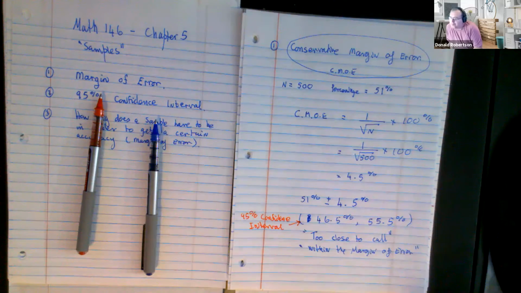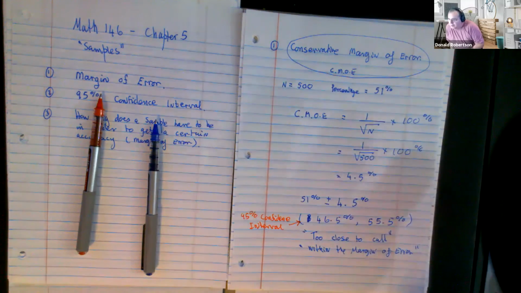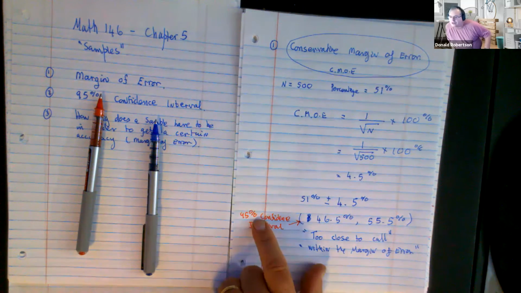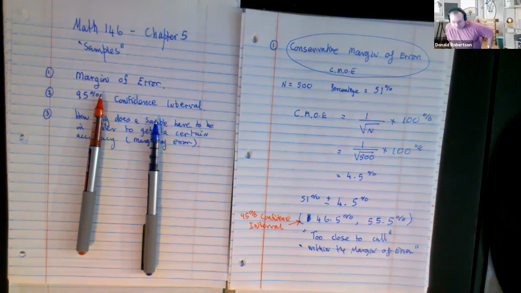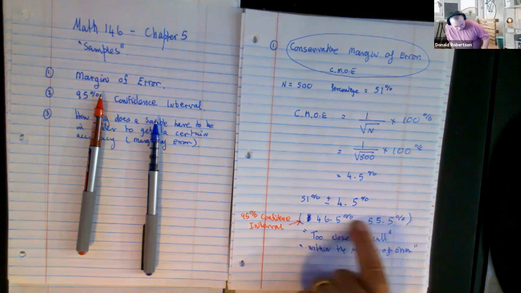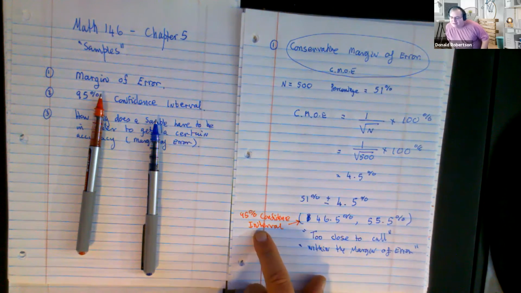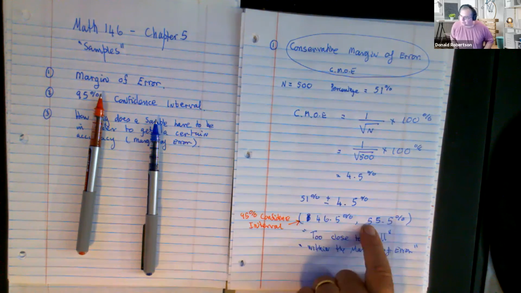Or a lot more Republicans who live in Bremerton, right? Doesn't really matter. But can you imagine that just by sheer, for want of a better word, bad luck, your sample might not be quite as representative as it could be? And that 95% is showing that uncertainty. That even when we have an interval, we can't guarantee that the right answer is in that range. All we can say is that we're 95% sure that it's somewhere in that range.